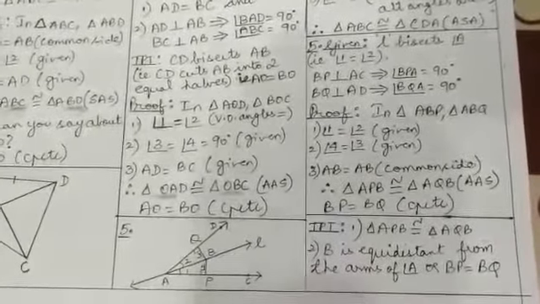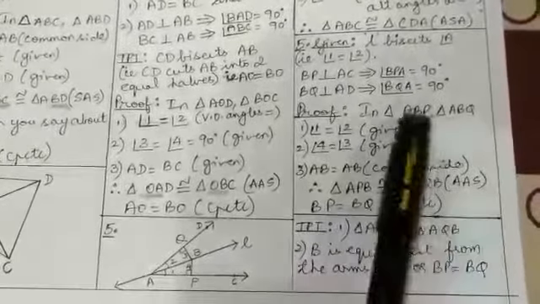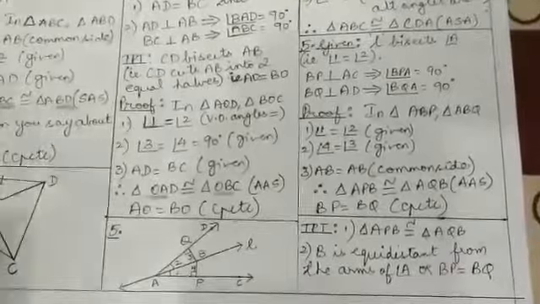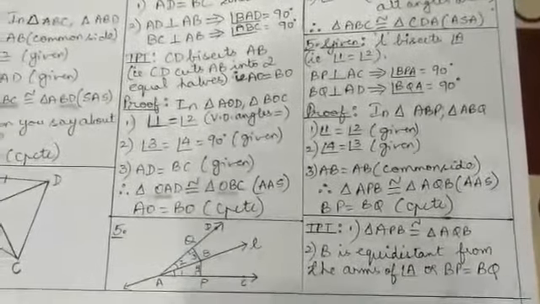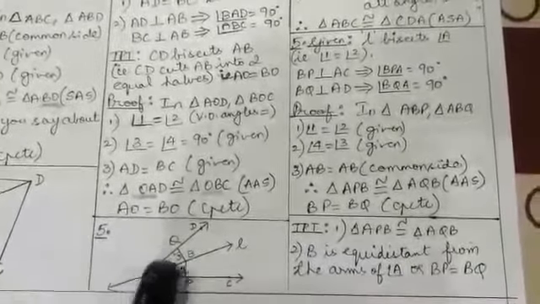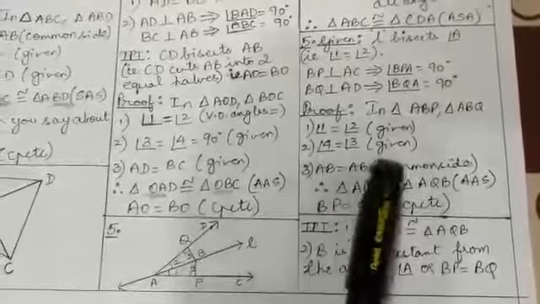So take up the two triangles. We need to show that these two triangles are congruent to each other. This is one triangle, this is the other triangle. Now write out the equal pairs of angles and sides known to us in this figure. So we know that angle 1 is equal to angle 2, it's given to us. Angle 3 is equal to angle 4 is also given to us.